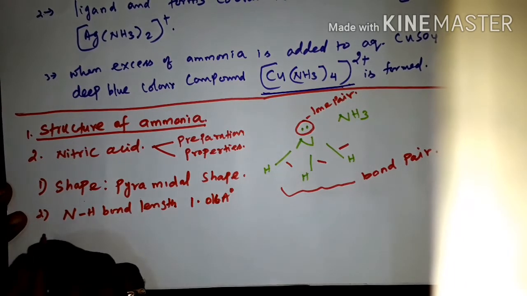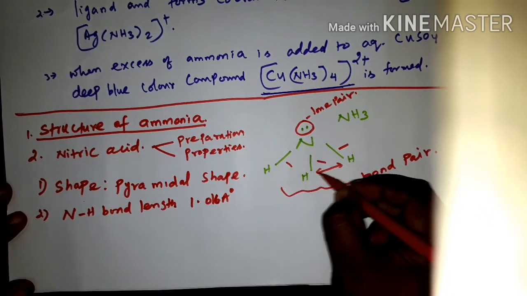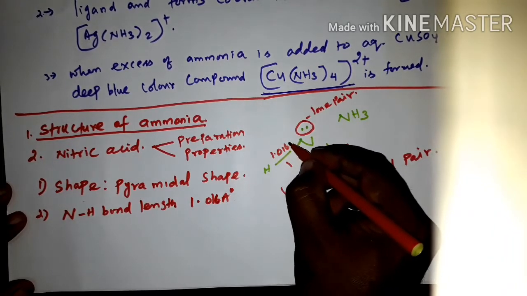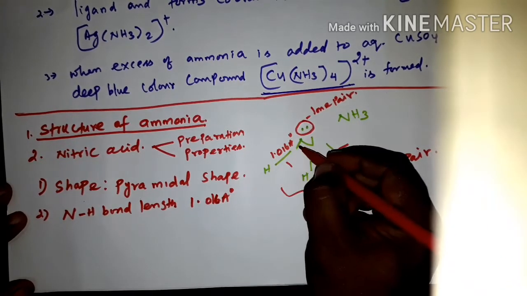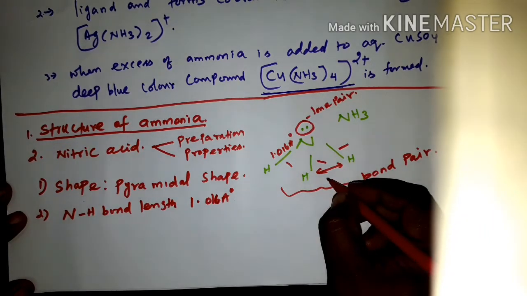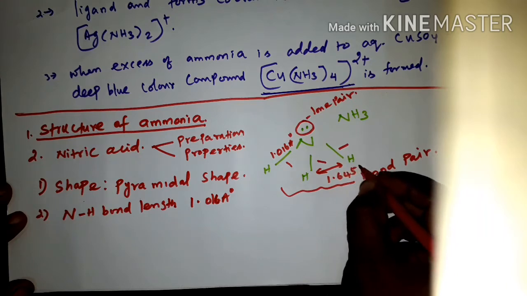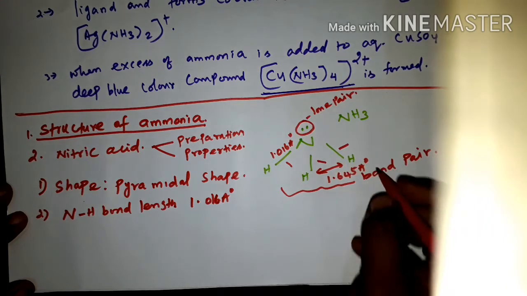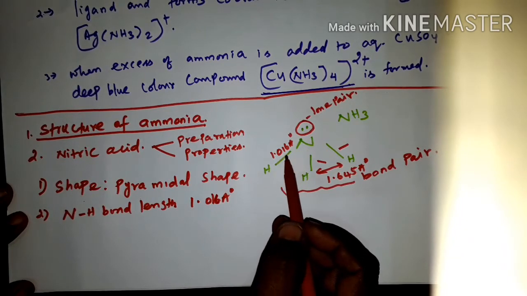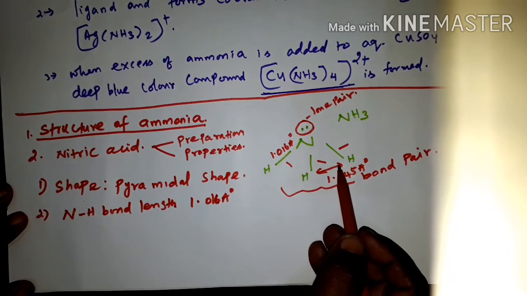Okay, and this 1.016 Armstrong is between nitrogen and hydrogen. The bond distance between hydrogen to hydrogen is 1.645 Armstrong. Clear? So there are two distances: one is the nitrogen hydrogen bond, another one is the hydrogen to hydrogen distance.